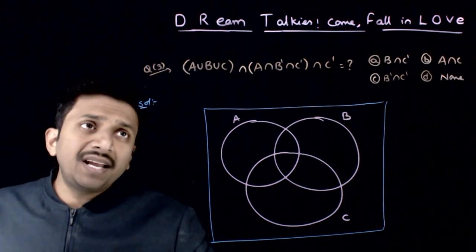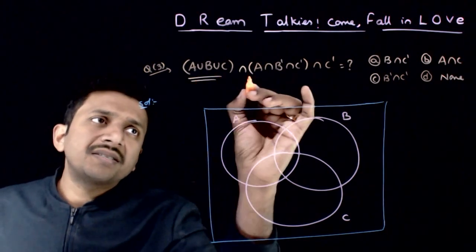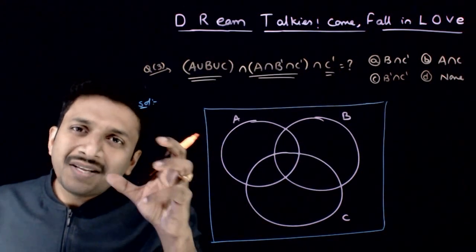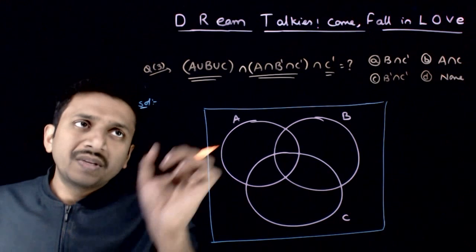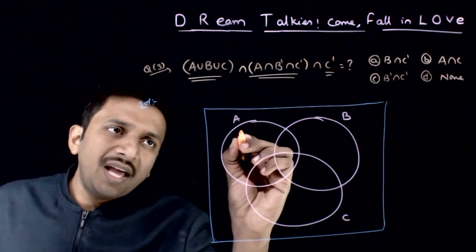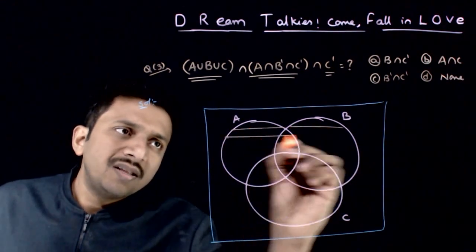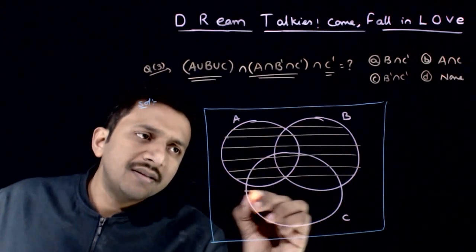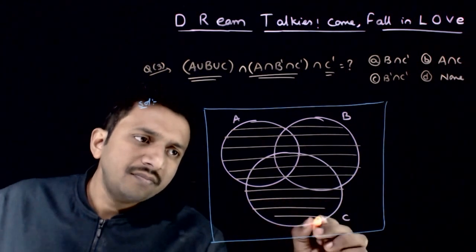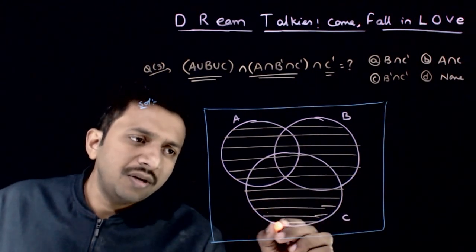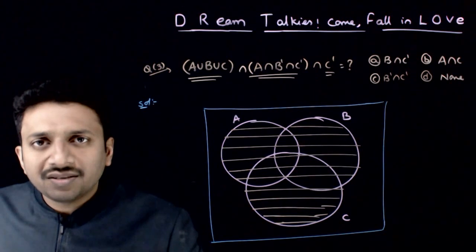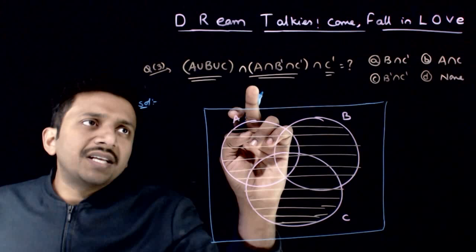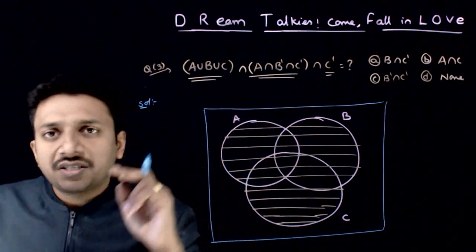You're asked to find the intersection of three different sets. So let us shade all these three sets and find the common portion. What is A union B union C? It is the region corresponding to all of A, B and C. So this is your A union B union C. Next, let us go for A intersection B complement intersection C complement.